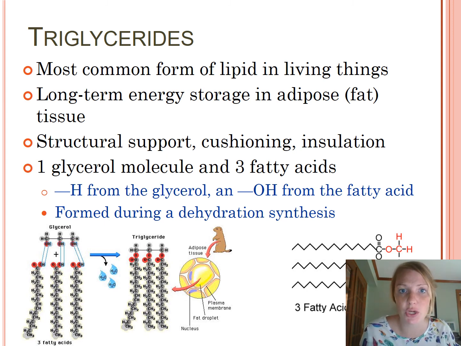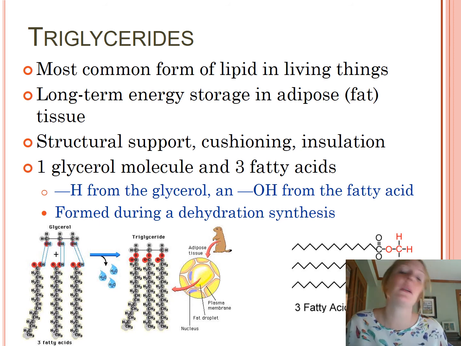Tri means 3, and we have a glycerol molecule that's part of this. A triglyceride is our most common form of lipid in the body, and it's used for storage. This is what creates the fat on the hips, butt, stomach, and legs, and I could go on about the different places fat can be stored.